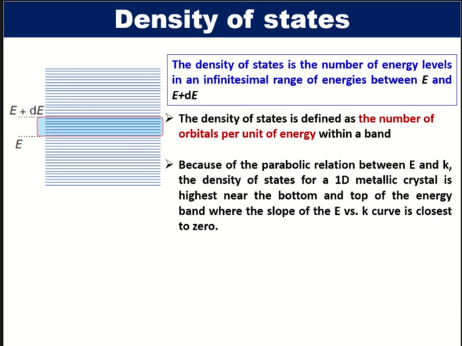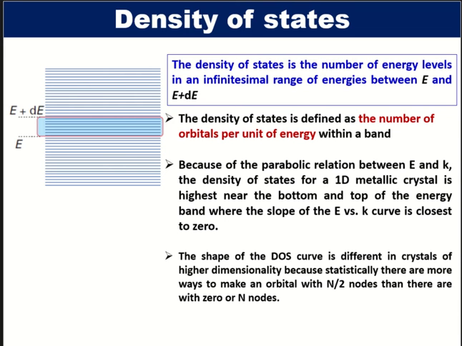Because the E versus k relationship is parabolic, what we expect in the case of a 1D metallic crystal is that the density of states will be highest near the bottom and top of the band. Where is the diagram?